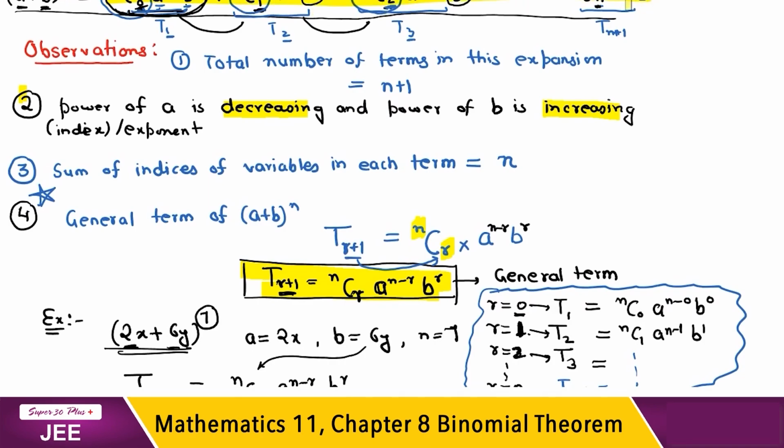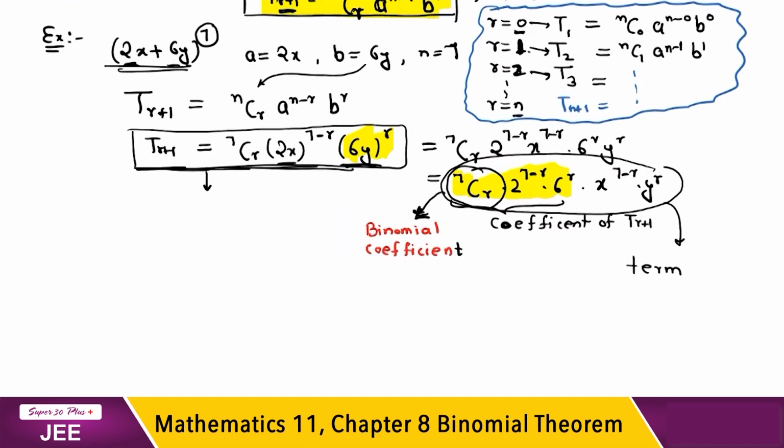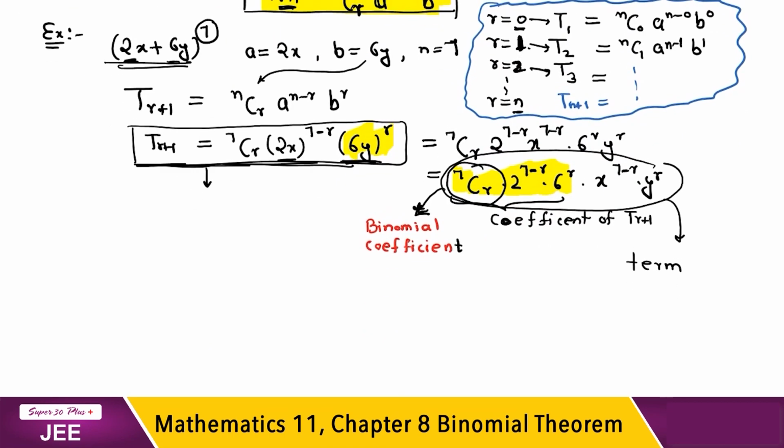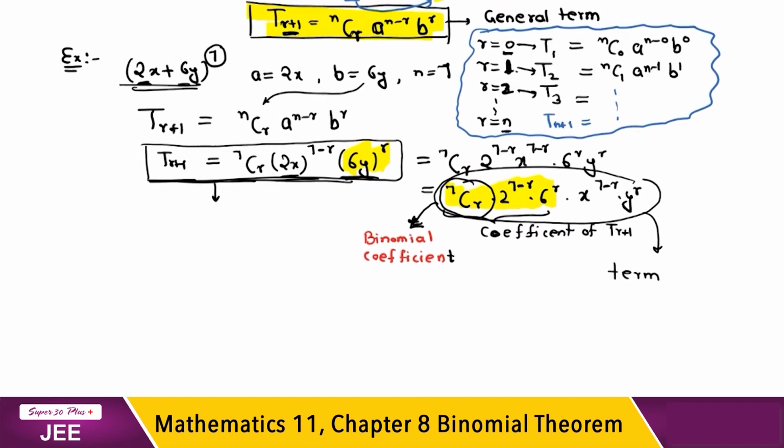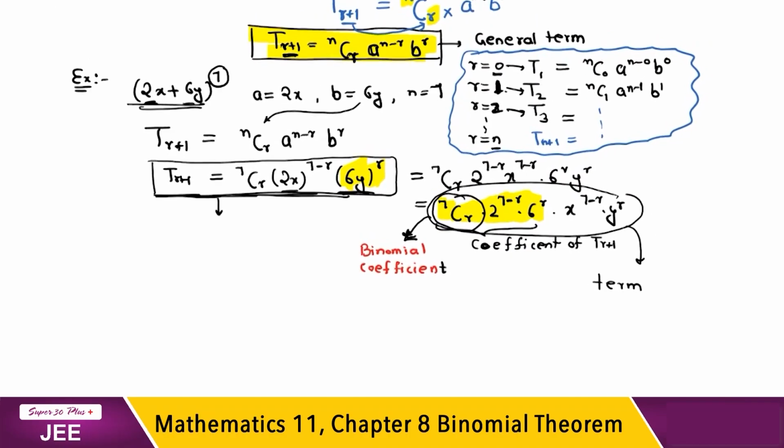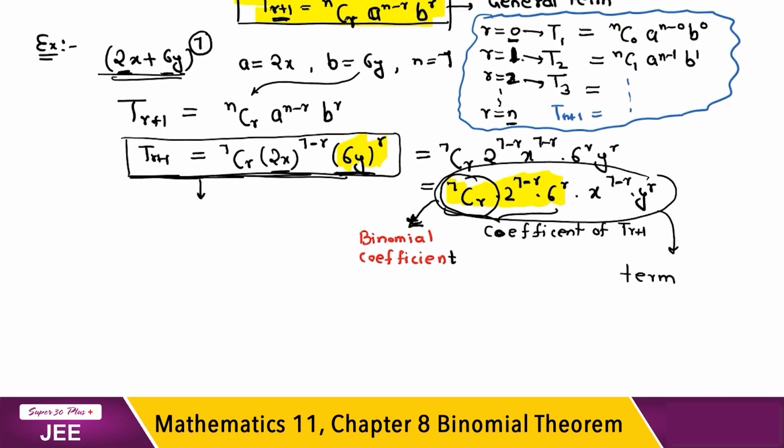Alright, so this general term also has great essence in showing the entire expression. Let me show you that a plus b whole raised to the power n can be written as summation, that is sigma, of nCr, a raised to the power n minus r and b raised to the power r, where r is varying from 0 to n.